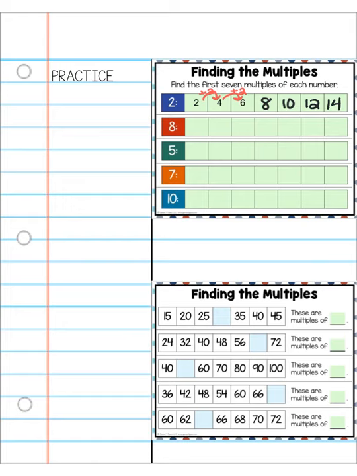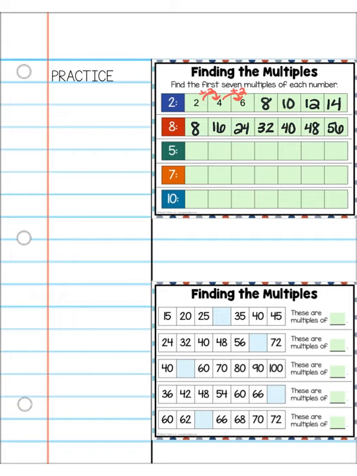When I find the multiples of 8, I'll start with 8, and then I'll add 8, or I'll multiply by 2 to find the second multiple. If I multiply by 3 to get the third multiple, or add 8 to 16, that's 24, then 32, then 40, then 48, and then 56.